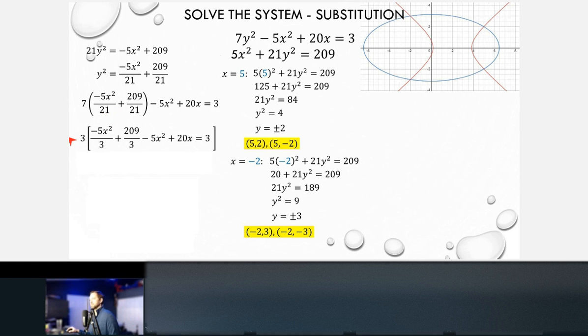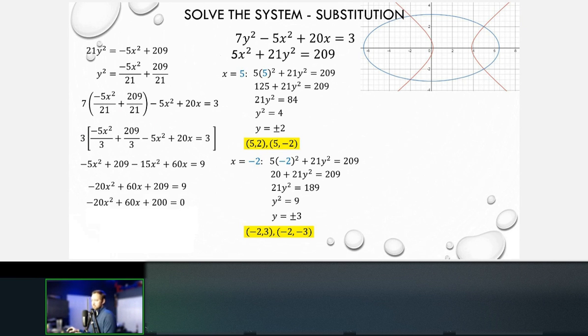Oh, okay. Sorry. Multiply this times both of these to get these numbers here. And then from this step, I multiplied the entire thing by 3 to clear the fraction. That's what I did. And now I don't have fractions, and then the problem is done just like before.